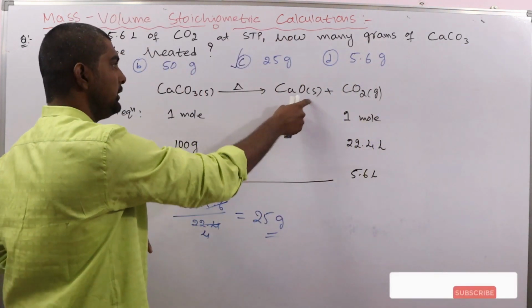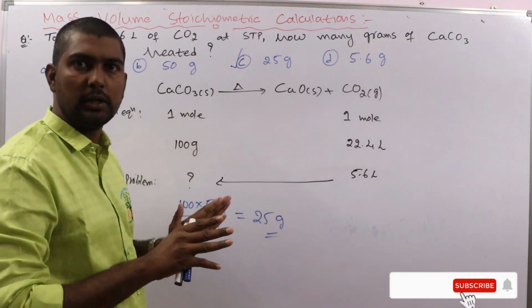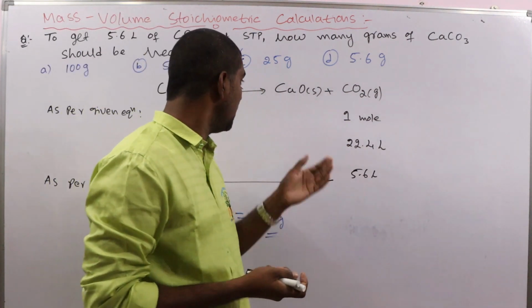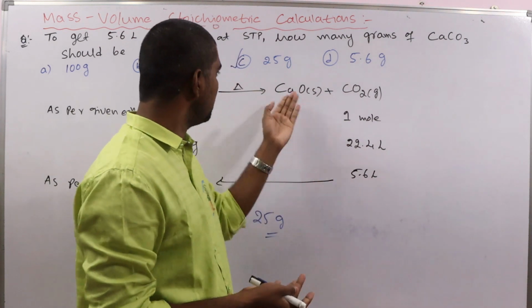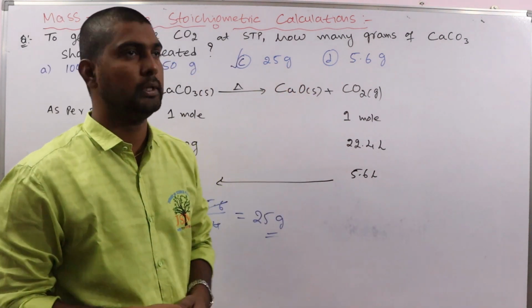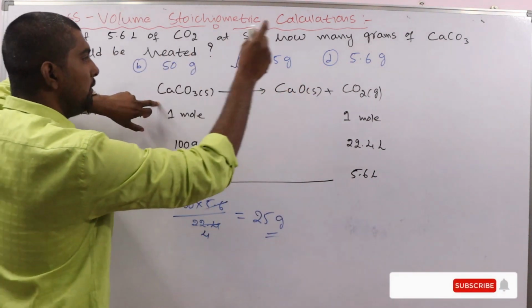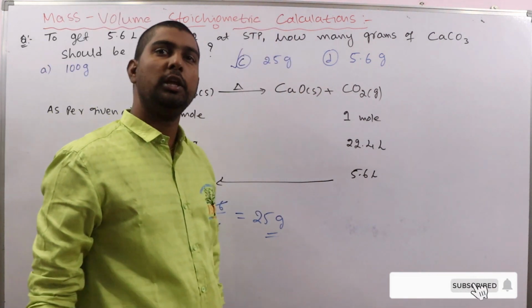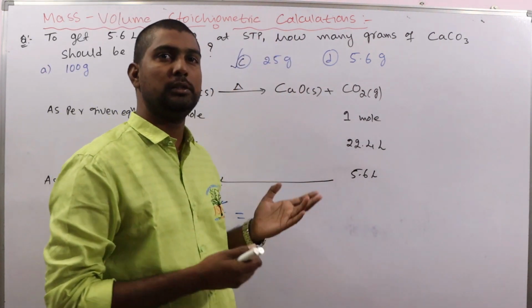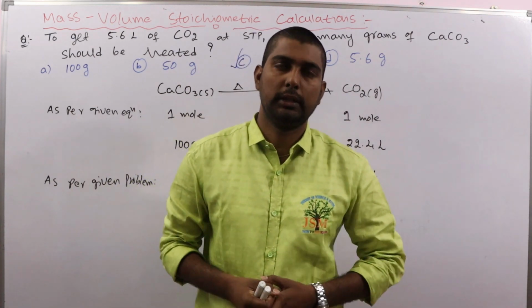See here, calcium oxide is also there in the reaction, but that is not asked in the problem, so we should not consider it. Only focus on the species which are involved in the given problem. There may be some other substances in the reaction, but no need to consider them.